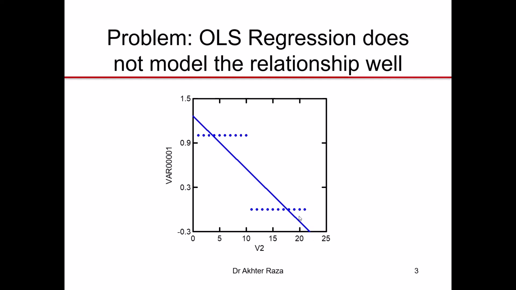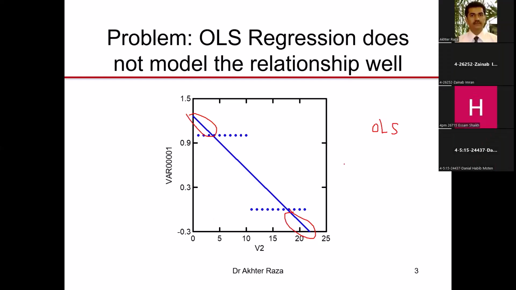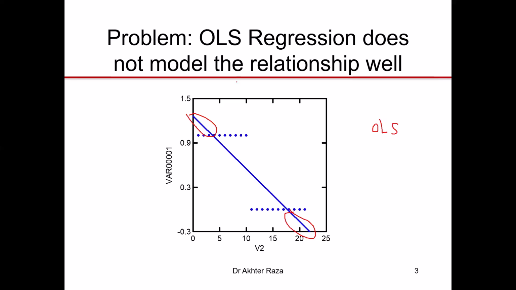In this case, you can observe that the value can be negative. These are the probability values which are negative, and these are the values which are above 1. So we have to transform the OLS by a function which will give us only values between 0 and 1. That model is called logistic regression.